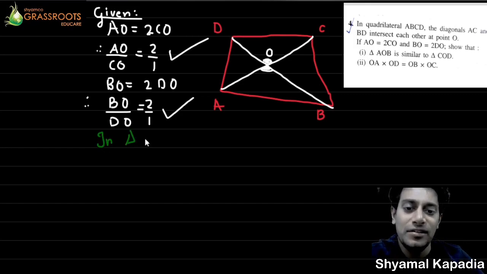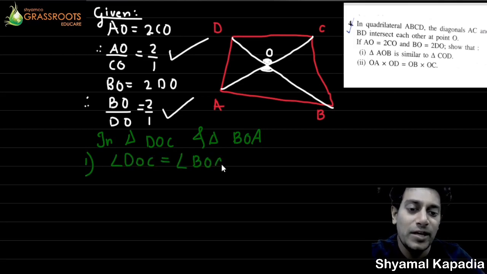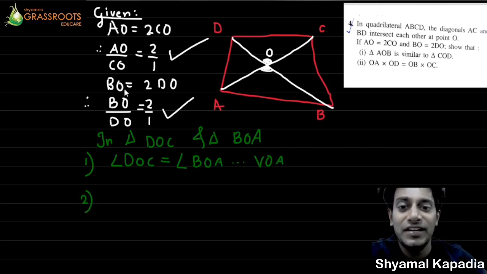So in triangle DOC and triangle BOA, first, angle DOC is equal to angle BOA. Reason is vertically opposite angles. Shortcut not allowed. Second, here it's given.